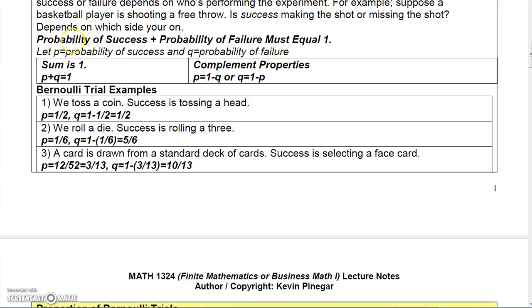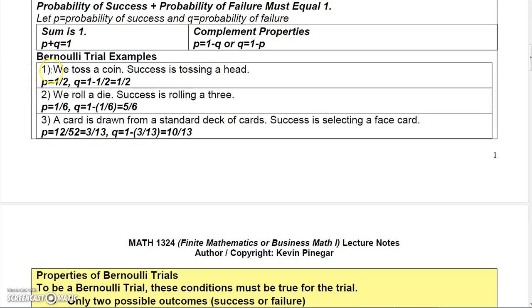Now, the probability of success plus the probability of failure in a Bernoulli trial must equal 1. So p plus q would have to equal 1, which means that p is 1 minus q, or q is 1 minus p. So here's an example. If we toss that coin and success is getting a head, then p would be 1/2, and q, getting a tail or not a head, would be 1 minus 1/2, which is also a half.